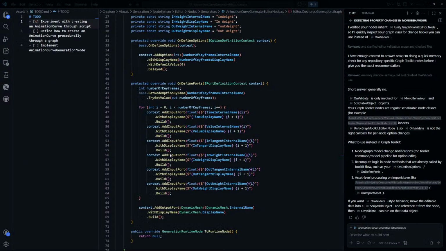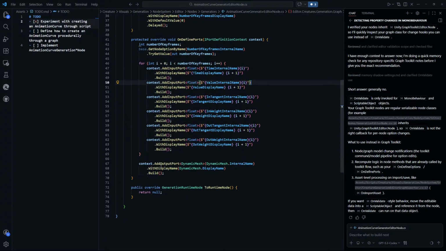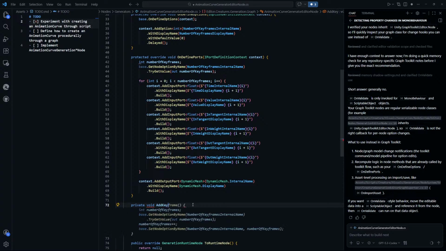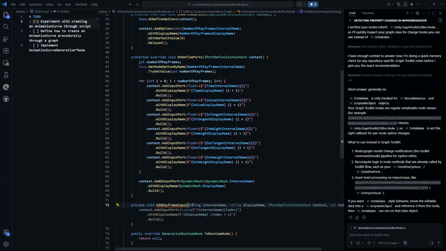Let's see what we can do. I wanna add, let's do it like private void add input keyframe input, string internal name, display name.